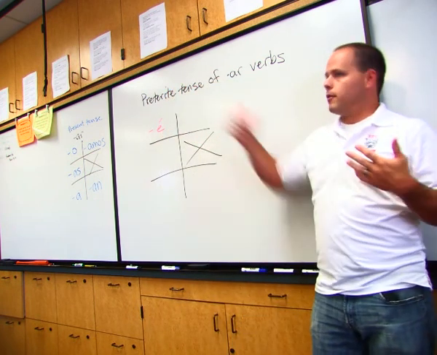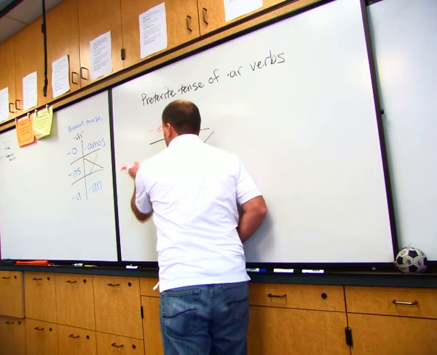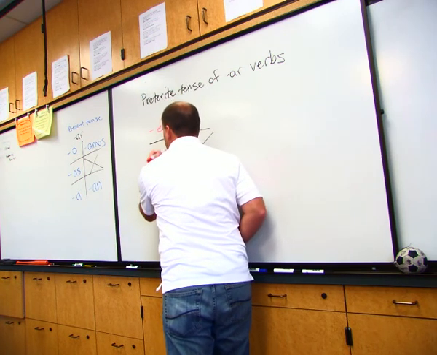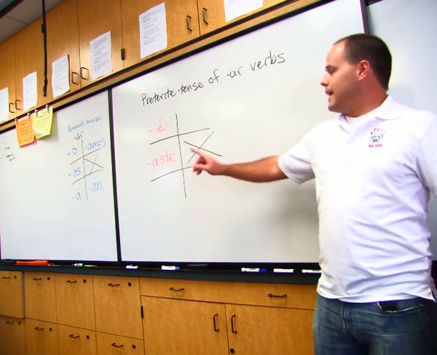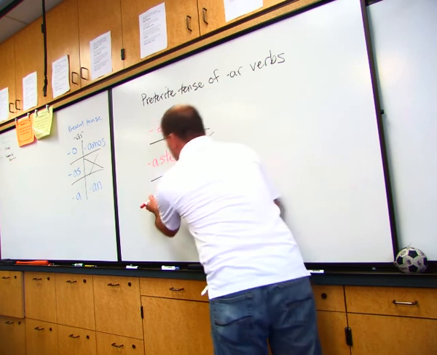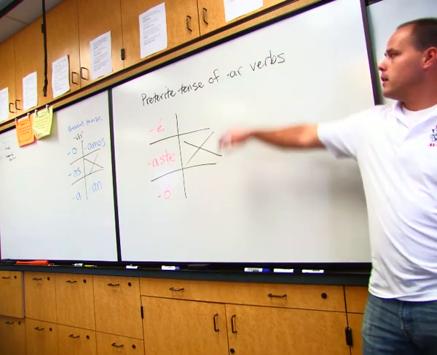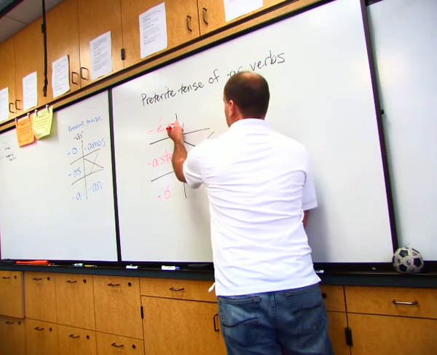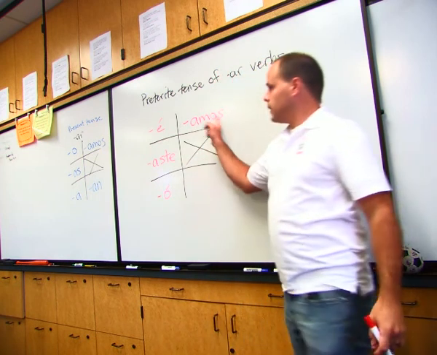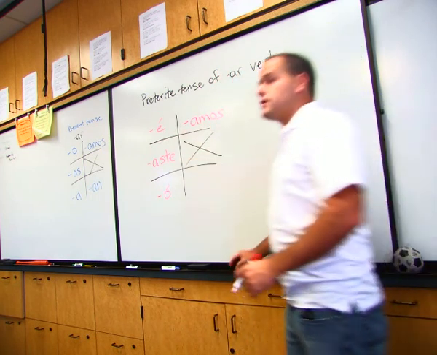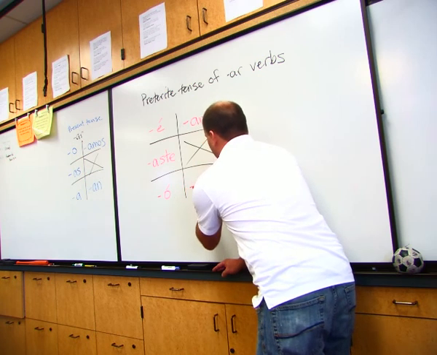So again, it's different than what we're used to. In the tú form, you drop the AR and add ASTE. In the él, ella, usted form, you drop the AR and add O with an accent on top. In the nosotros form, you drop the AR and add AMOS. And in the ellos, ellas, ustedes form, you drop the AR and add ARON.